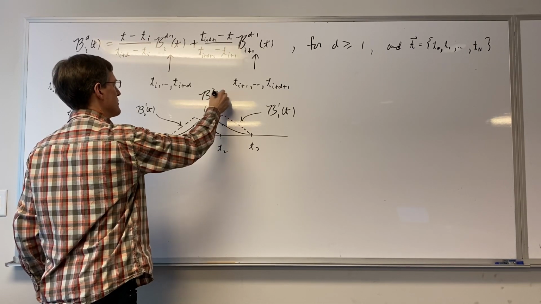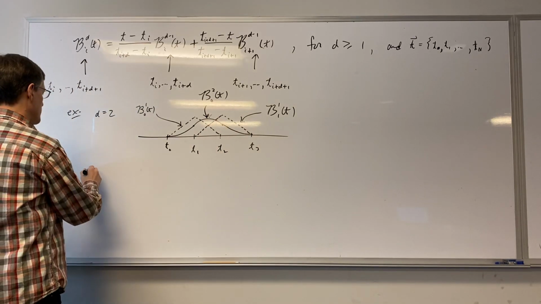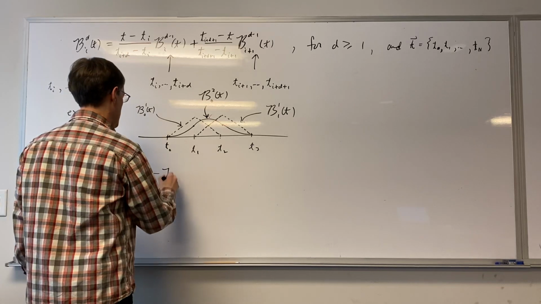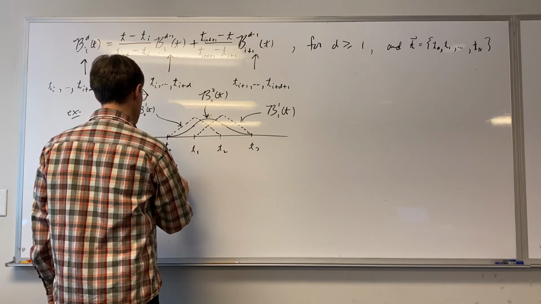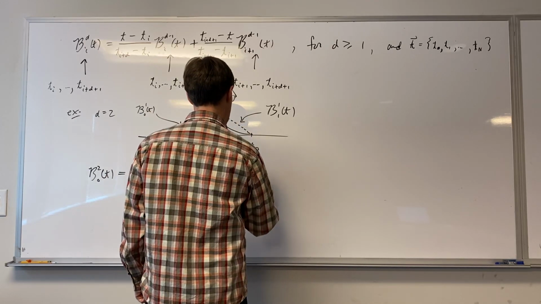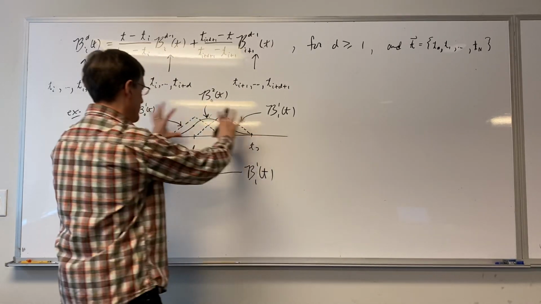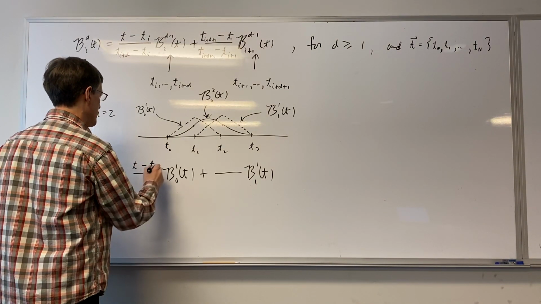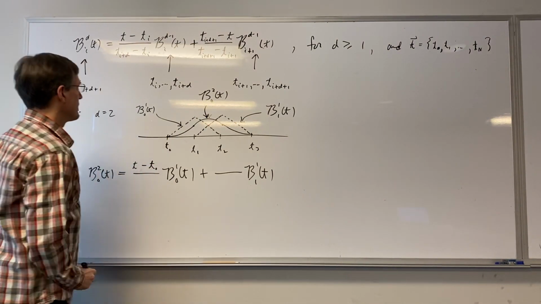This is B20 of t. And according to the above formula, B20 of t is indeed, I take B10 of t, and then I add that times something times B11 of t, so it's definitely those two linear B-splines put together. Here I get t minus t0.